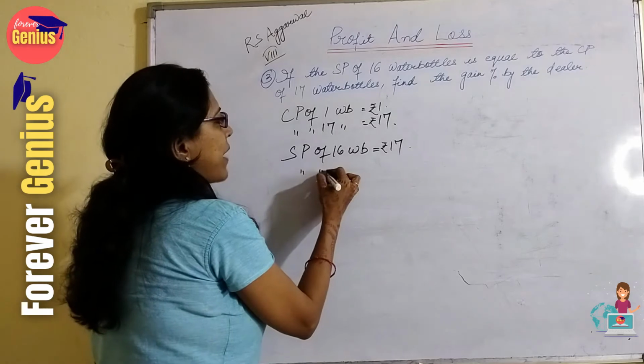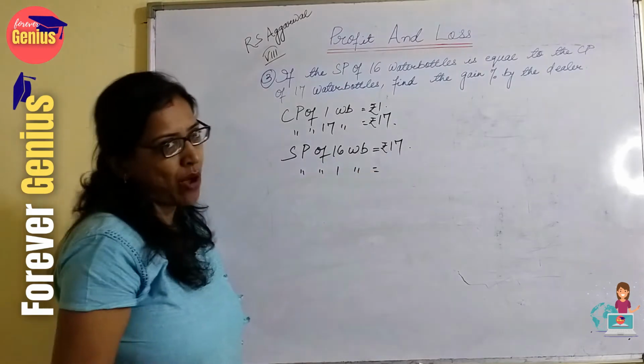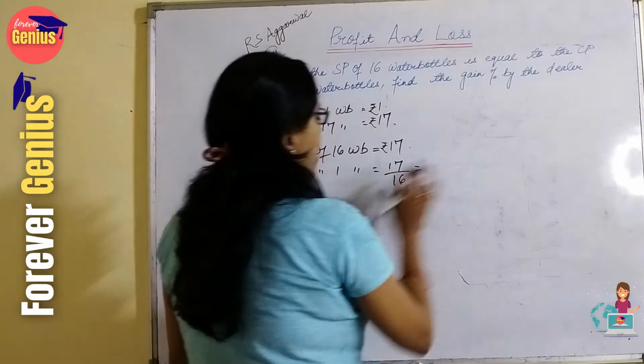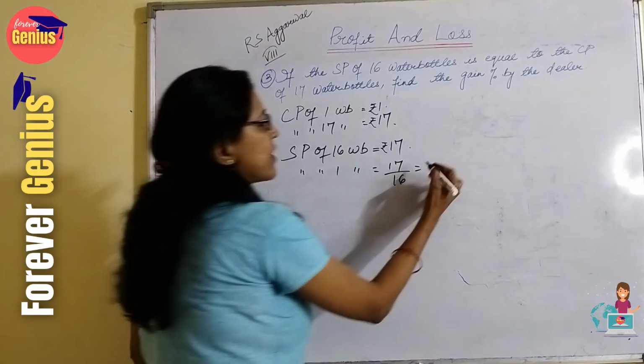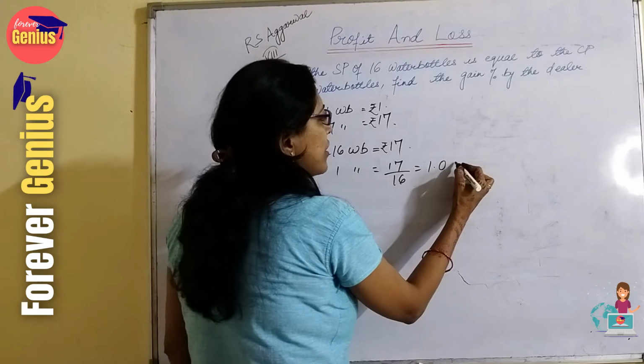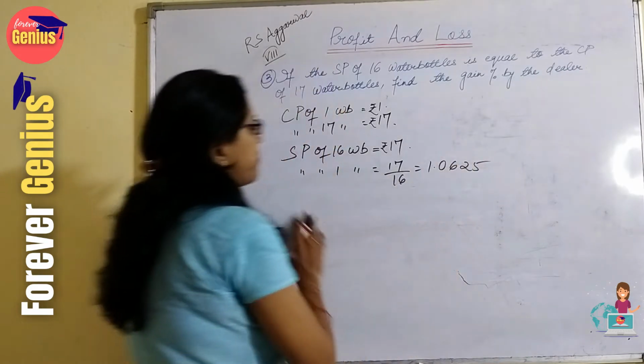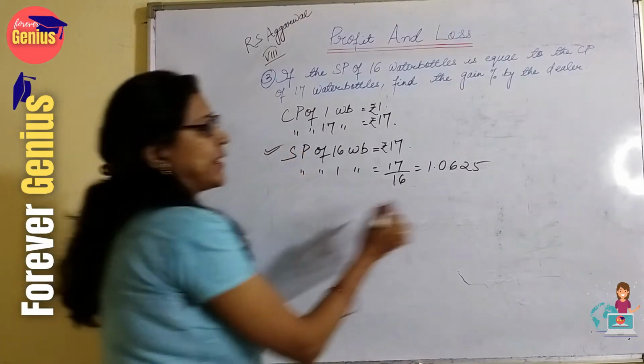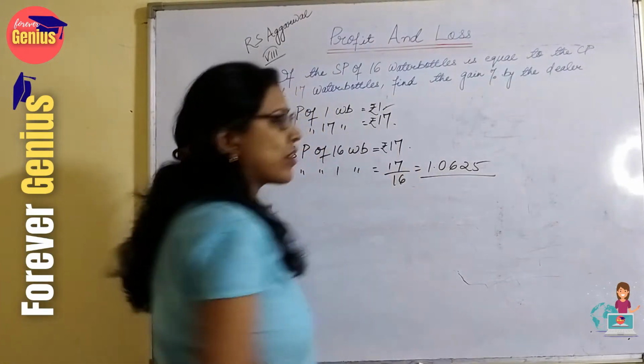Now the selling price of one water bottle will be how much? 17 divided by 16. So after doing the calculation, it is 1.0625. So when I know the selling price, it is more than the cost price or not?